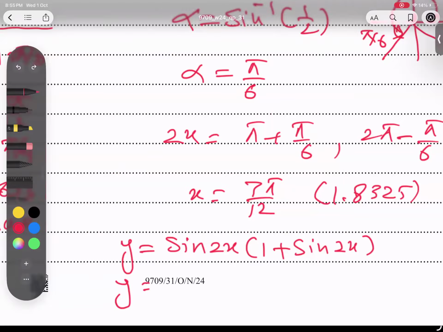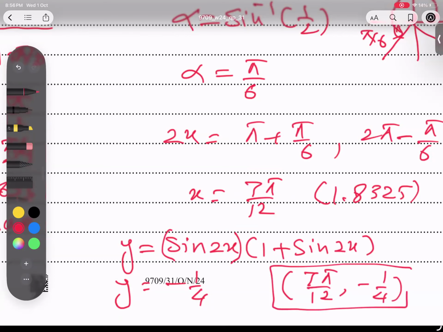So 7 pi by 6, and in the bracket 1 plus sine of 7 pi by 6. So I'm getting negative 104. If I plug in this value completely here and here, make sure we put a bracket. So the final coordinate is 7 pi by 12, comma negative 104.